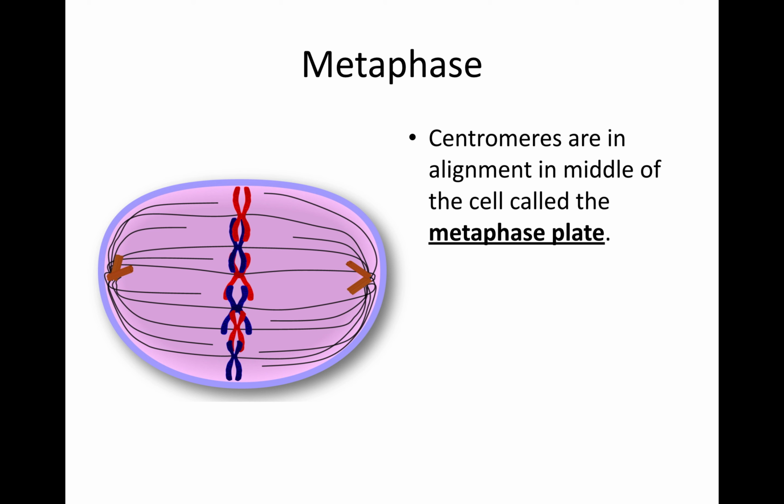You can say chromosomes are lined up in the middle, or you can say chromosomes are lined up at the metaphase plate. And that's literally all that happens. You see these chromosomes that condensed in prophase line up in the center of the nucleus. You see these spindles are attaching to those kinetochores right there, and they're about to pull them apart.